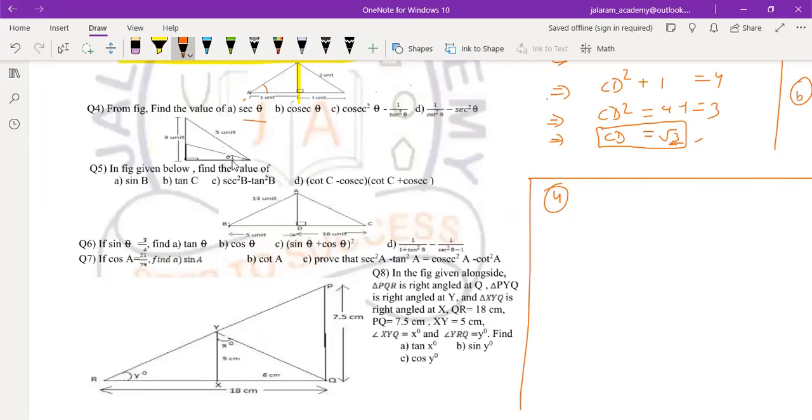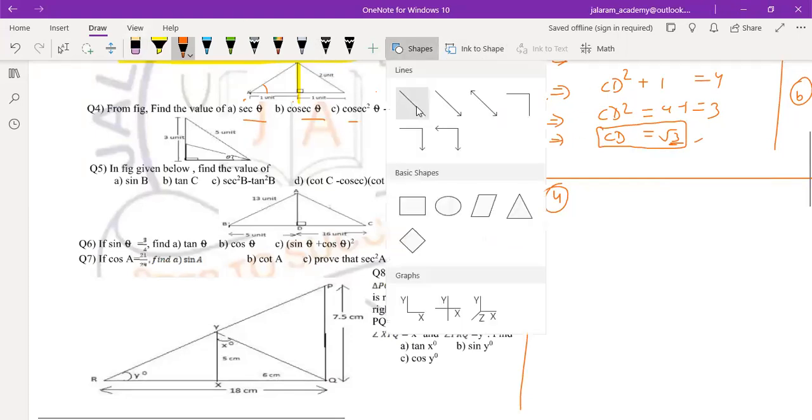Cosec theta. Cosec square theta minus 1 by tan square theta. 1 by cot square theta minus sec square theta. So first of all, draw the figure only.